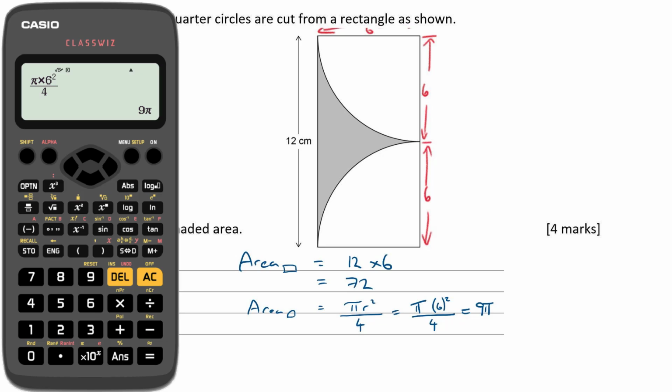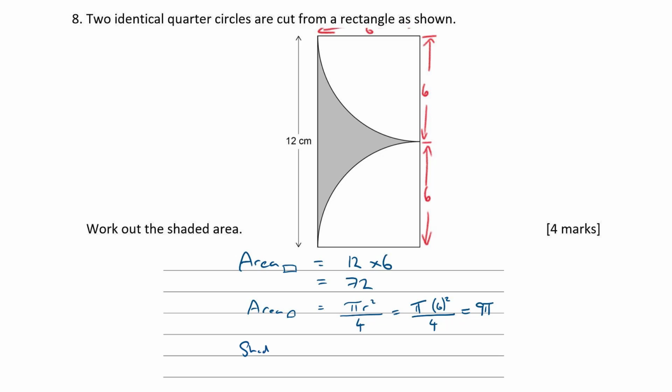Okay, so then the shaded area is going to be the area of my rectangle minus 2 lots of the area of the quarter circle, and that is going to be 72 subtract 2 lots of 9 pi. So 2 lots of 9 pi is 18 pi.